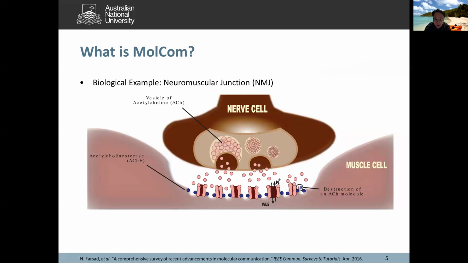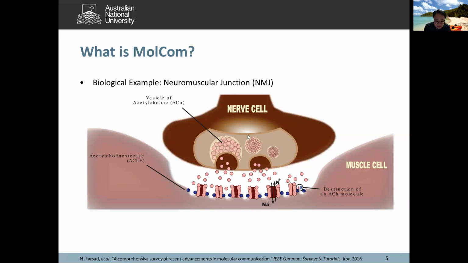For this example, we consider a process inside the human body, which is the neuromuscular junction. We call it NMJ. In the figure, the neuromuscular junction shows the process between the nerve cells at the top of the figure and the muscle cell at the bottom of the figure.